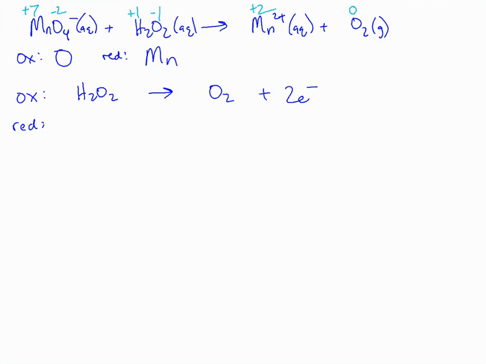Okay, so let's look at the reduction half reaction. And this one is where manganese comes up. So MnO4 minus yields manganese 2 plus.